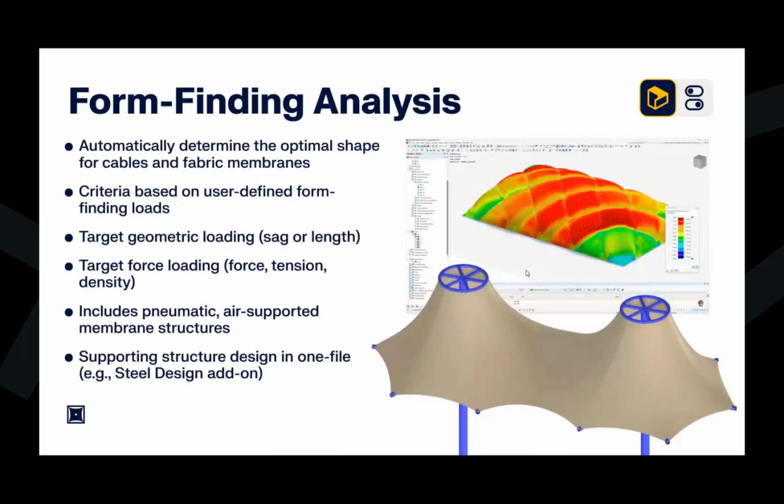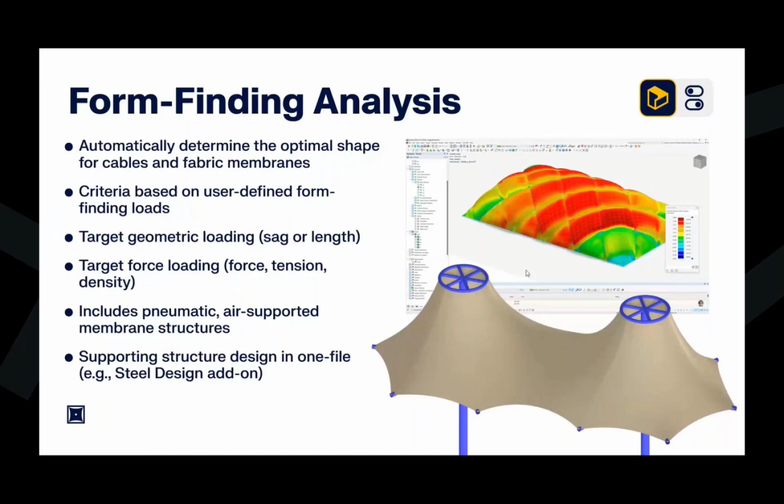So you as a user would go into either these cables or these fabric membranes and set the target geometric loading, such as a target sag or a target length. You can also alternatively specify the target force loading, such as the pre-stress force or the tension or the force density. So both of those are possible with those elements.